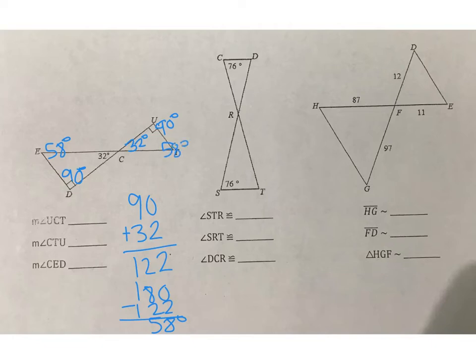58 degrees. So here, I'm going to change my color so you guys can see what angle I'm talking about. So angle UCT is going to be 32 degrees. Then angle CTU, so notice that CTU is going to be 58 degrees.